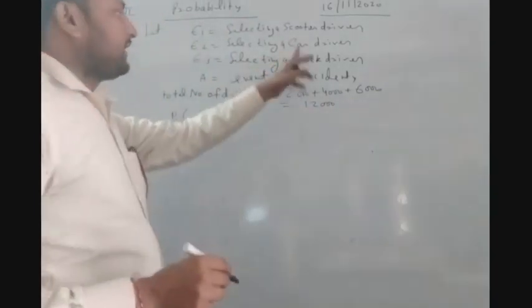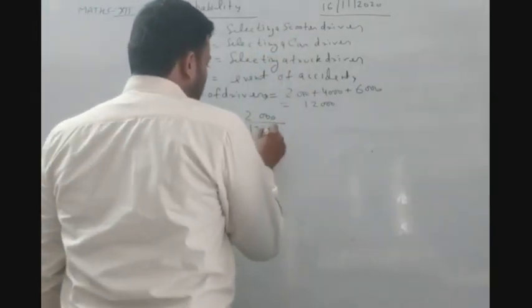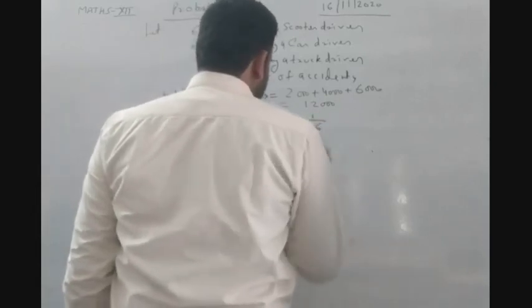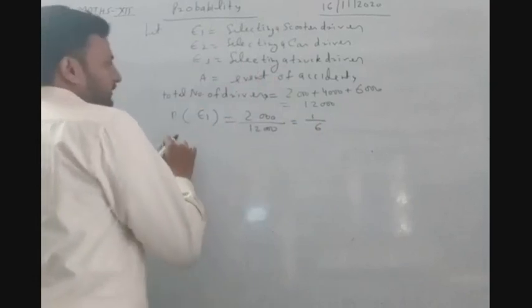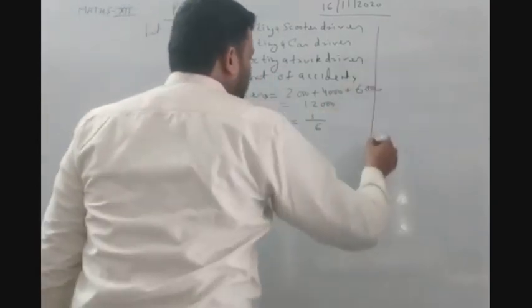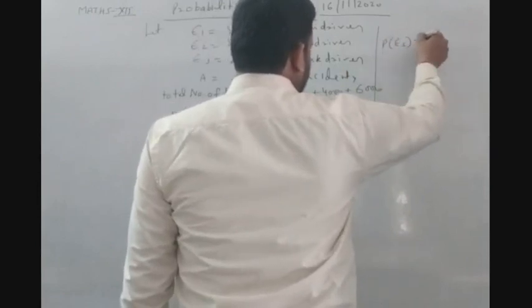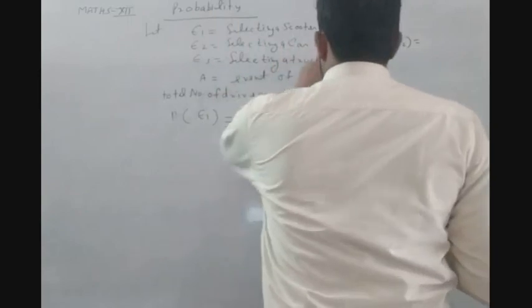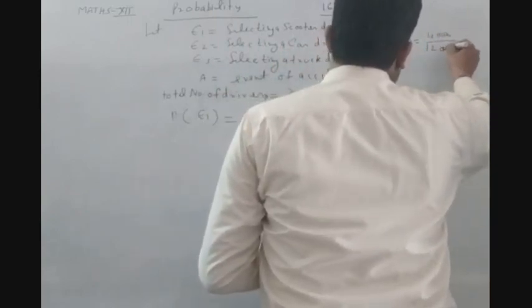Now we will take P of E1. Probability of selecting a scooter driver will be what? 2000 by 12,000. It will be 1 by 6. Probability of E2 is selecting a car driver, which is 4000 divided by 12,000.